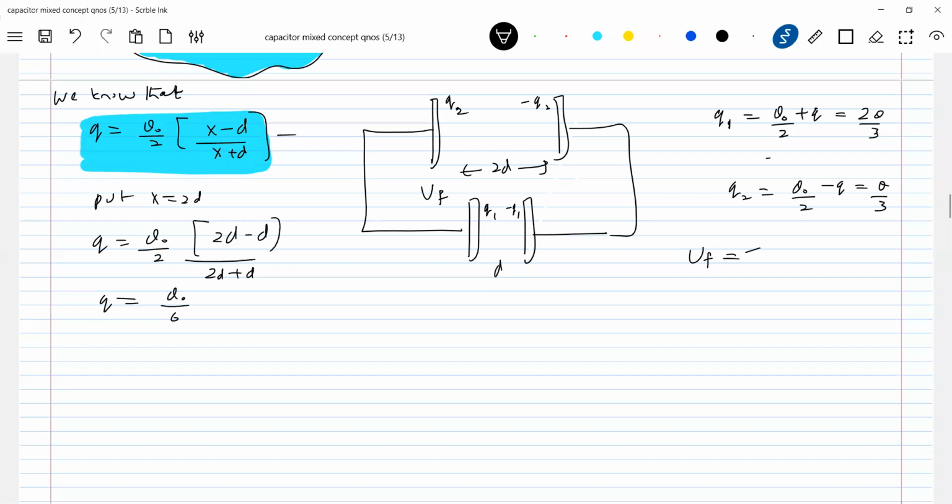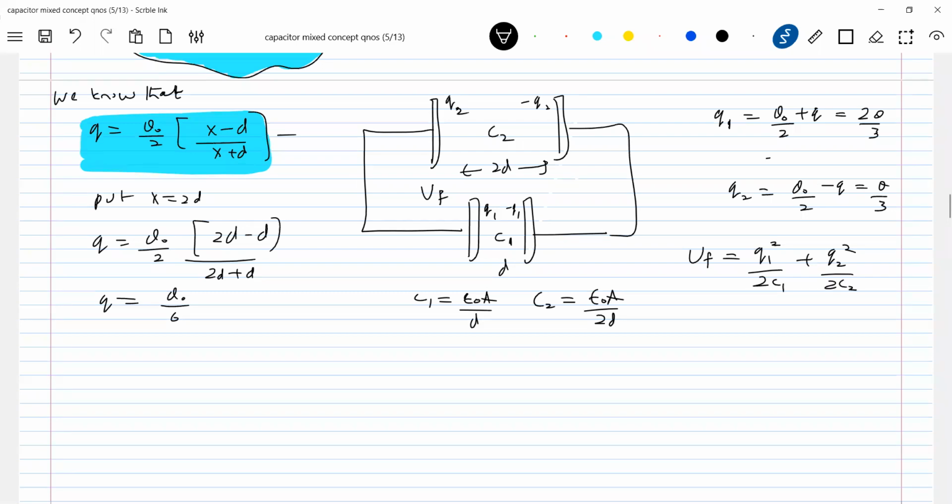This should be equal to Q1 square, and the capacitance also will change, no? This will be C naught; C1 you write it. So C1 is epsilon naught A by D, C2 is epsilon naught A by 2D. So Q1 square by 2C1, Q2 square by 2C2.